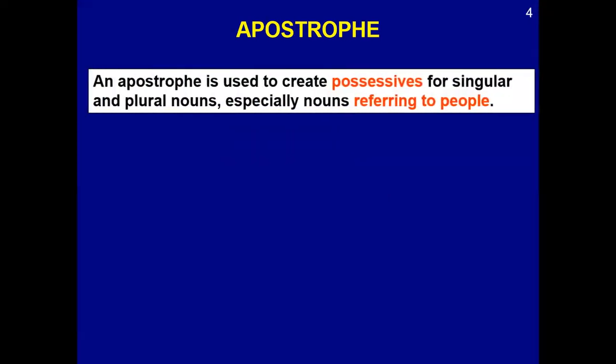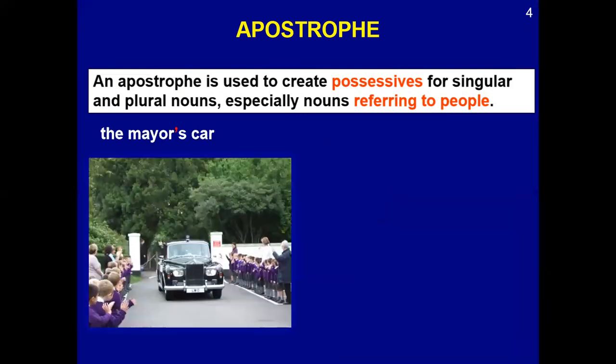Let's check the rules. An apostrophe is used to create possessives for singular and plural nouns, especially nouns referring to people. Usually it is equal to "of." Here, the first example: the mayor's car. So what is going on here?